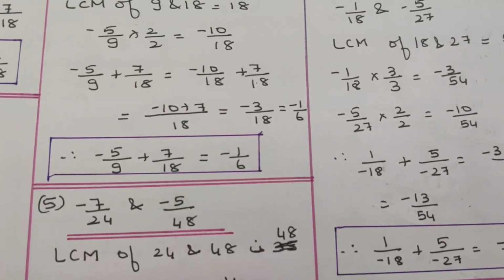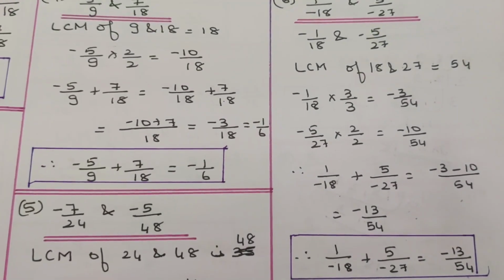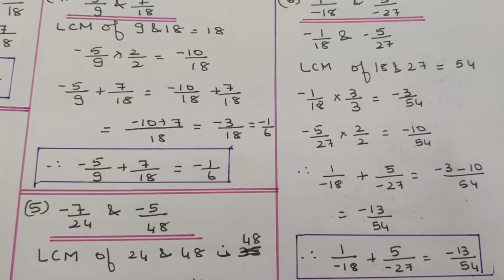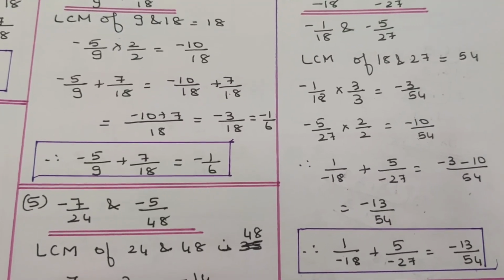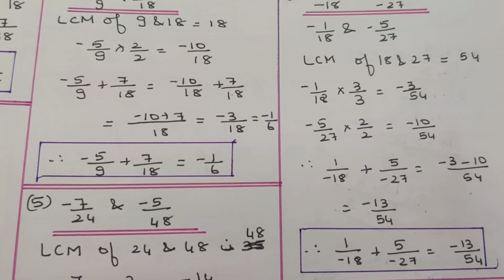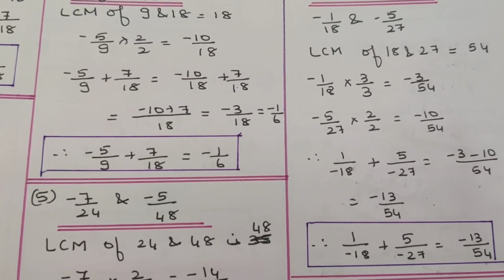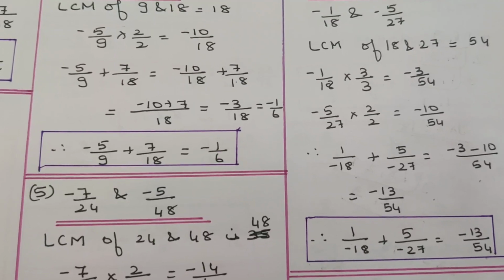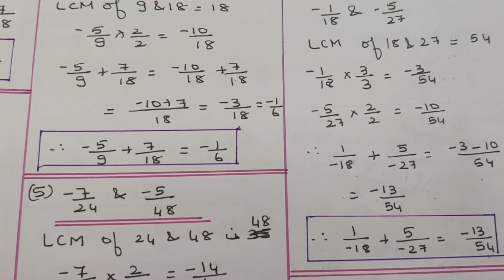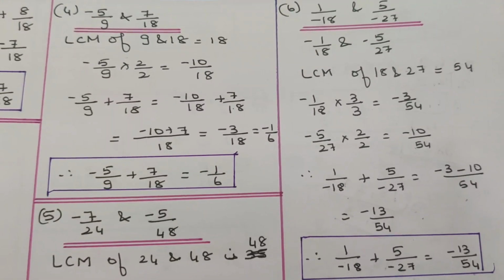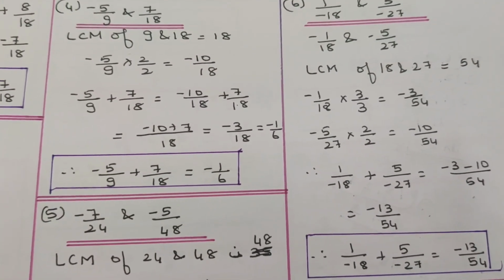So when you add these two, you get minus 3 minus 10 by 54, and the sum of these two numbers is minus 13 by 54. Therefore 1 by minus 18 plus 5 by minus 27 is equal to minus 13 by 54. I'm just giving you a pause for a few seconds for you to understand the calculation.